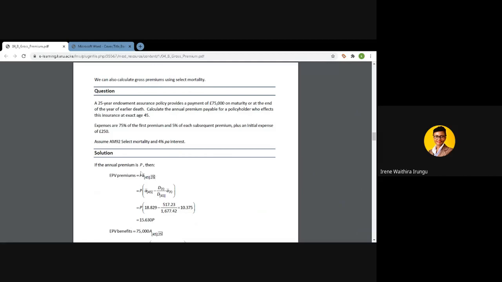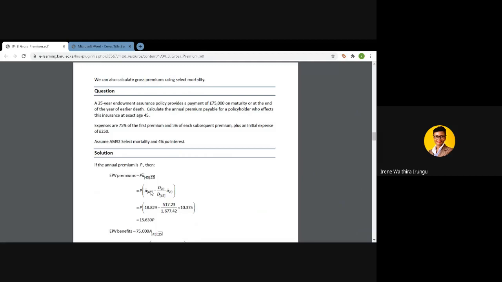Once we come to apply this formula, we know that ä_x:n, we usually have as ä_x minus D_{x+n} divided by D_x times ä_{x+n}. What we need now to determine, remember for AMH2, is that the select period is 2 years. So once it gets to x plus 2, the life ceases to be a select life.